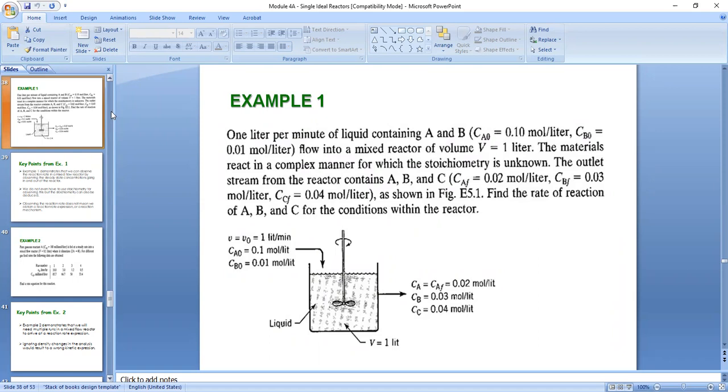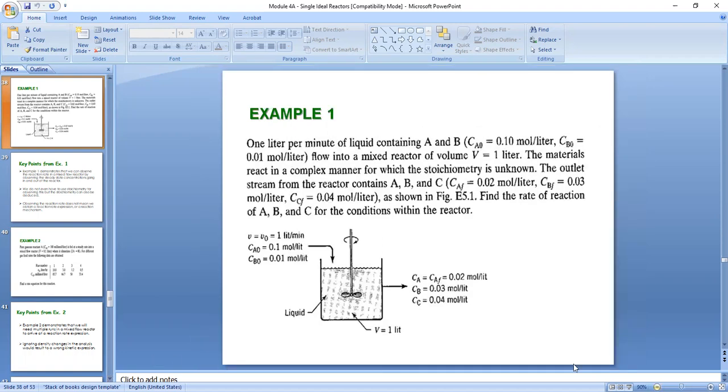And for C, you have 0.04 mole per liter. Okay, it's shown in the figure. Find the rate of reaction of A, B, and C for the conditions within the reactor. Meaning with the conditions that are stated in here, we are to determine the rate of A, B, and C.